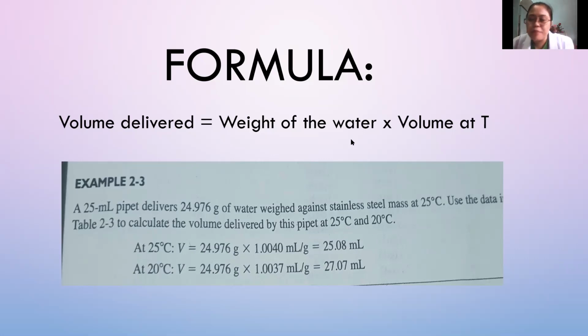Because with a volumetric pipette, class, it has only one calibration mark. This is how it looks, right? It has a bulb, I won't draw it, but anyway, it has a bulb, and only one calibration. So if it says 25 ml, it can only measure 25 ml.